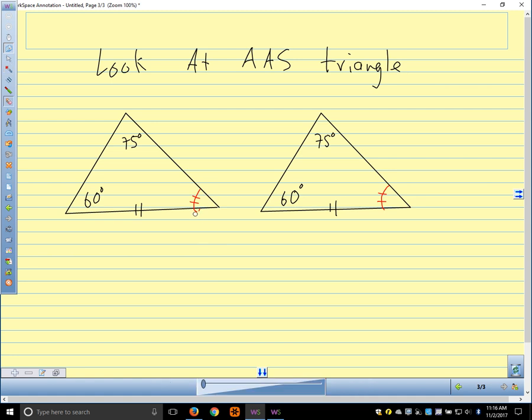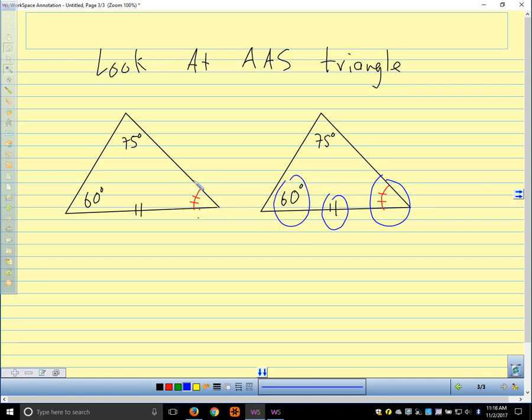So now, instead of an angle-angle-side triangle, we have an angle-side-angle. We've turned the angle-angle-side triangle into an angle-side-angle triangle because the third angles have to be congruent.